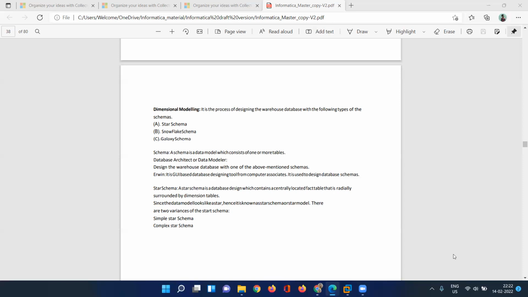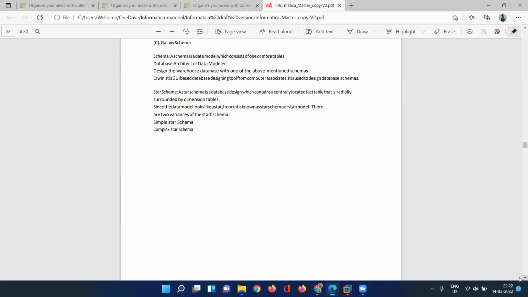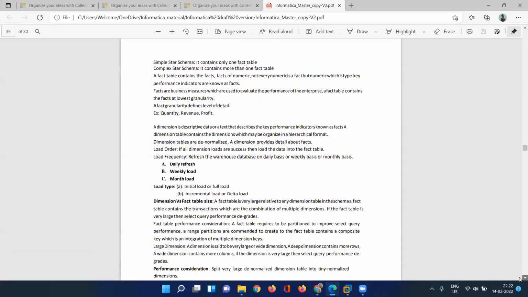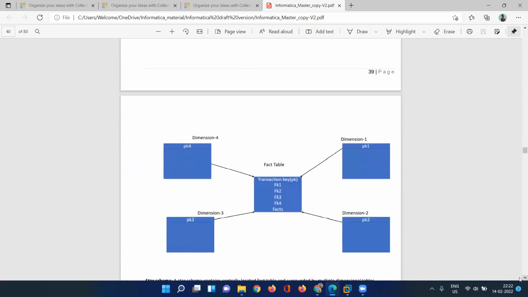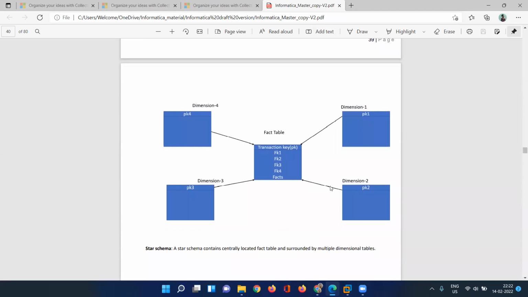But at the schema level, we have star schema, snowflake schema, and galaxy schema. Let me show you the schema design here. This is called a star schema.